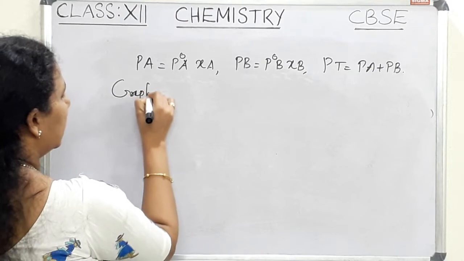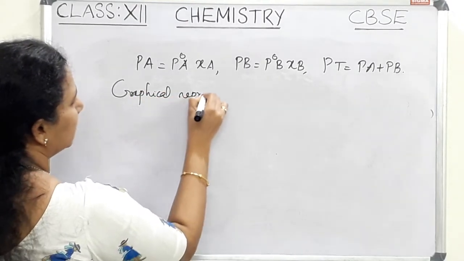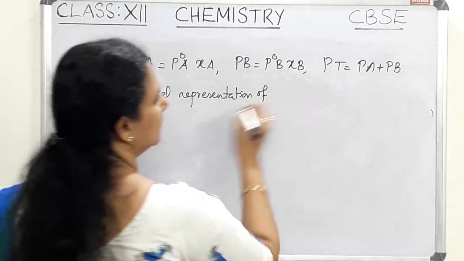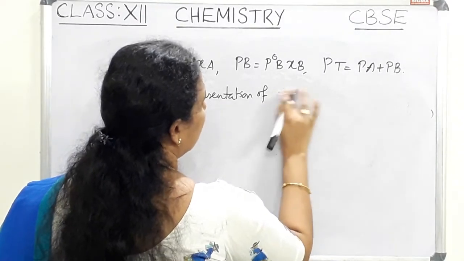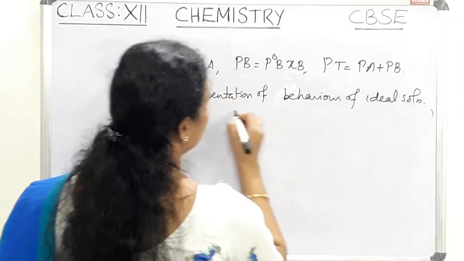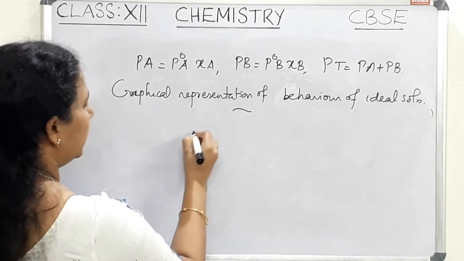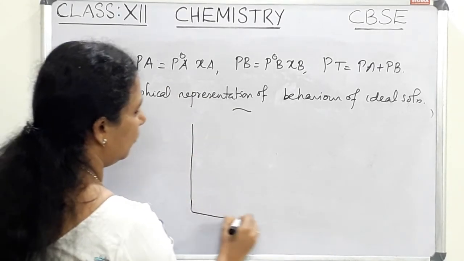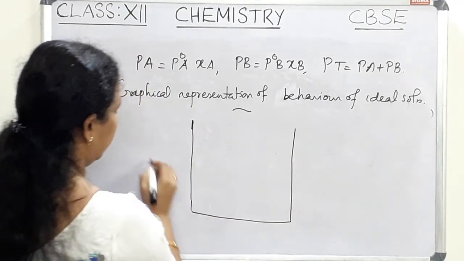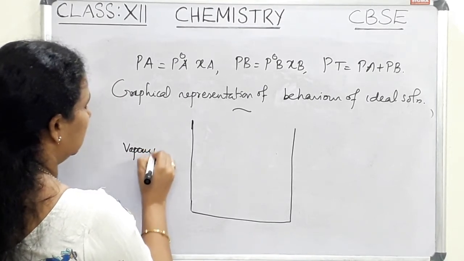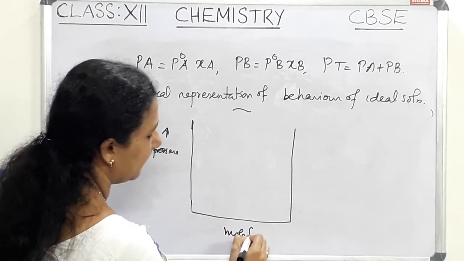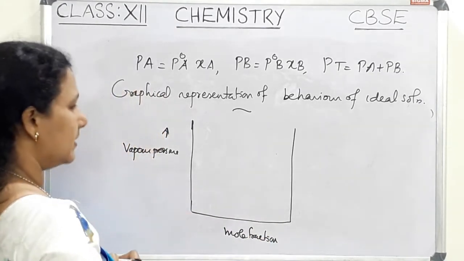There is a graphical representation of the behavior of ideal solution. So let's draw a graph between vapor pressure and mole fraction. Vapor pressure is taken on the y-axis and mole fraction on the x-axis.